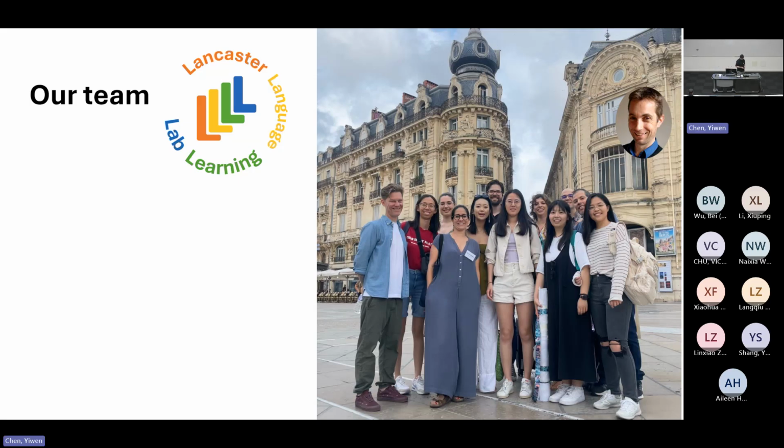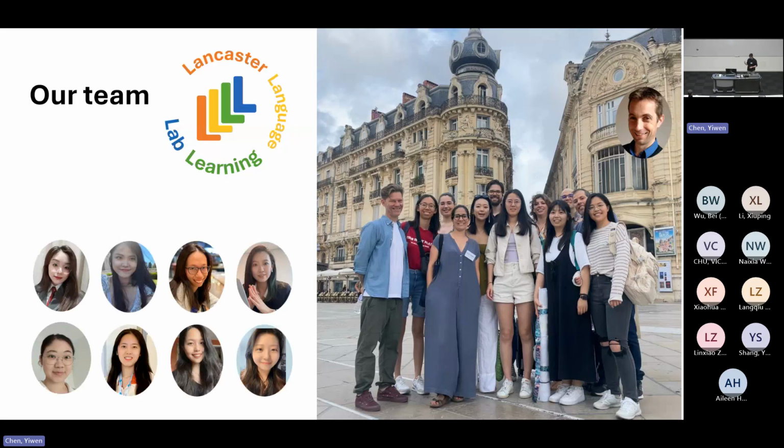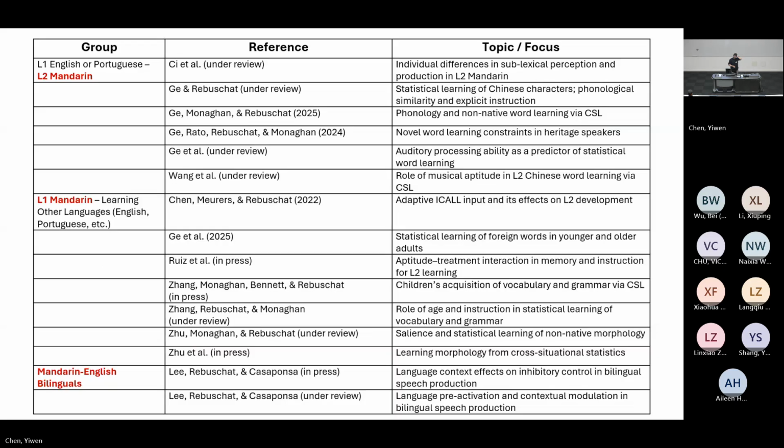The reason I've started to work on Chinese as a second language really is due to my Mandarin native-speaking students: Sichi, Jai, Kelly, Wense, Yumo, Cindy, Yuki, and Summer, in addition, of course, to undergraduate students like Chopin. Over the past few years, we've done quite a lot of work on Mandarin. We've done several studies looking at the acquisition or the processing of L2 Mandarin.